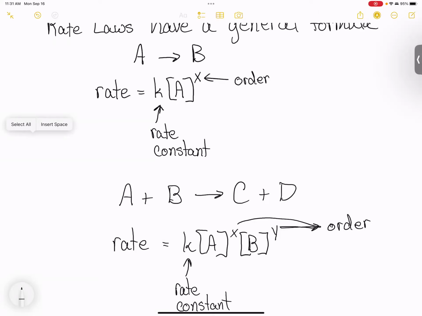It was the only thing in the rate law. Here, A and B were reactants, so they're the only things in the rate law. The second thing you will notice is that the right-hand side of this equation is all multiplication. So it's the rate constant times the concentration of A raised to its order times the concentration of B raised to its order.